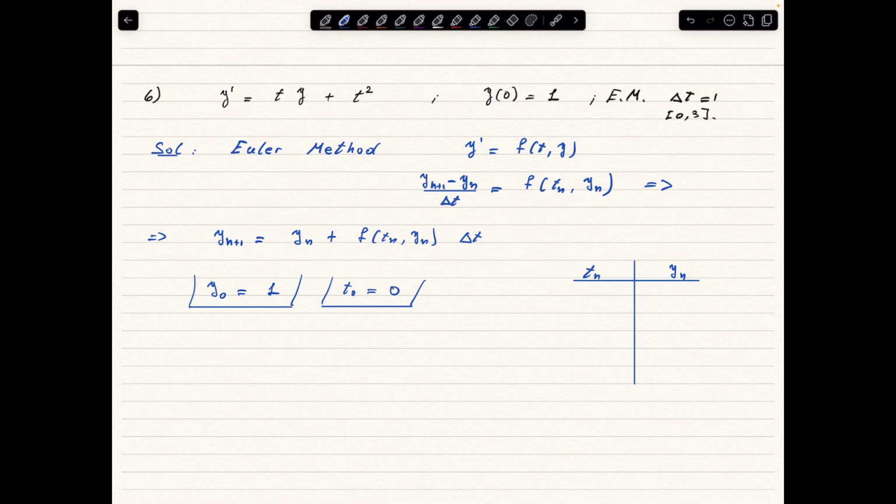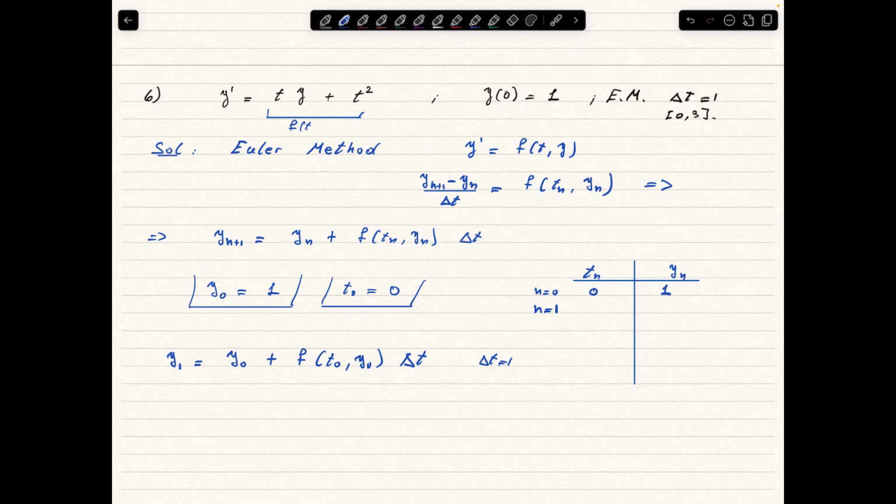So we start with n equals 0, which is 0 and 1. And now we need to go to n equal 1. So what is going to be y1? Well, y1 is going to be y0 plus f at t0, y0 times delta t. But recall, delta t is 1. And now what is f at t0, y0? I didn't write it anywhere, not well done.